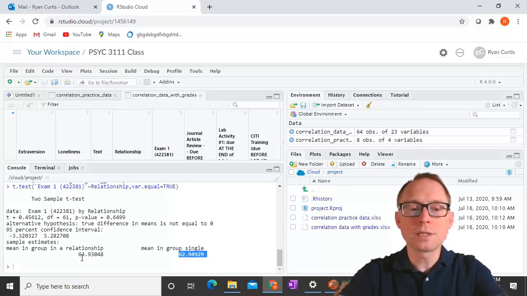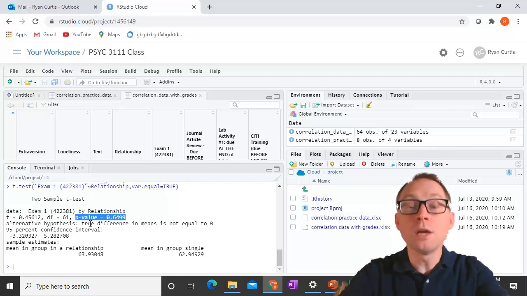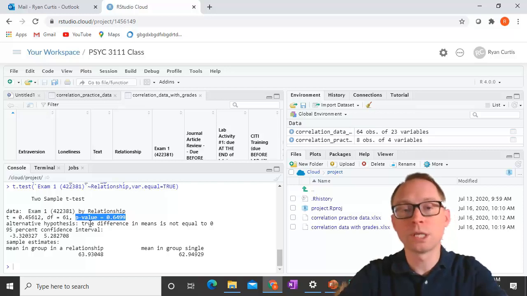Well, this statistic doesn't just look at the means. It also looks at what's going on in terms of the variance. So this t-test right here says, you know what? There's a difference between those groups. Yeah, there is a difference. But this p-value is the probability of getting that t, that 0.45612, if there is no difference between people in a relationship and people who are single in terms of their exam score.